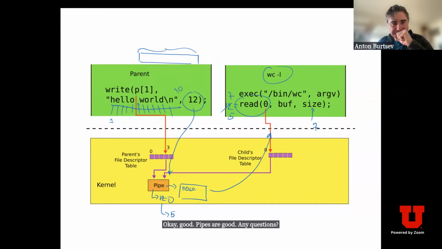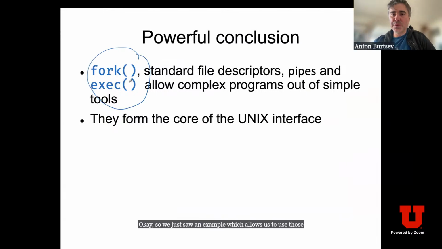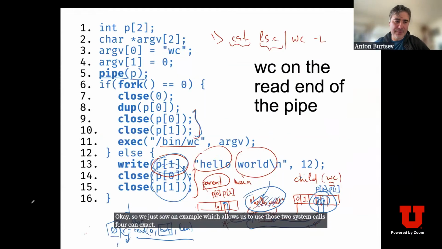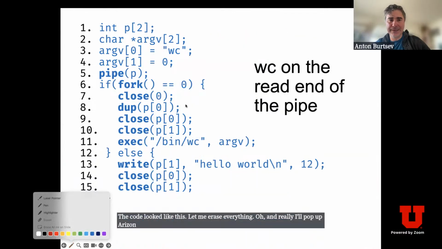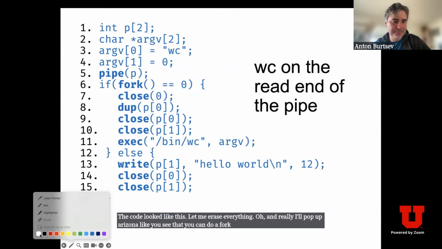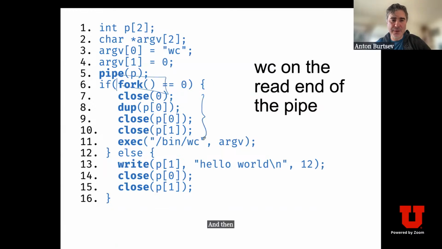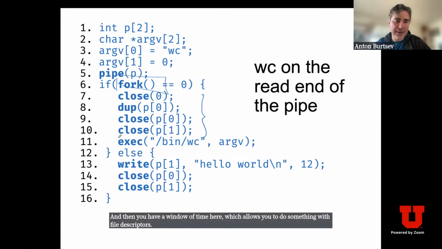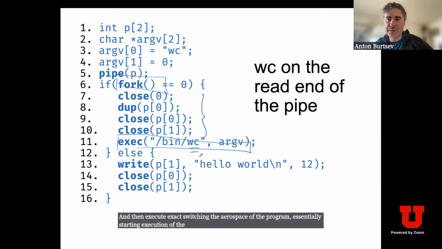Okay, so we just saw an example which allows us to use those two system calls, fork and exec. The code looked like this. You can do a fork, and then you have a window of time here which allows you to do something with file descriptors, and then execute exec, switching the address space of the program, essentially starting execution of the main function of WC at this point.